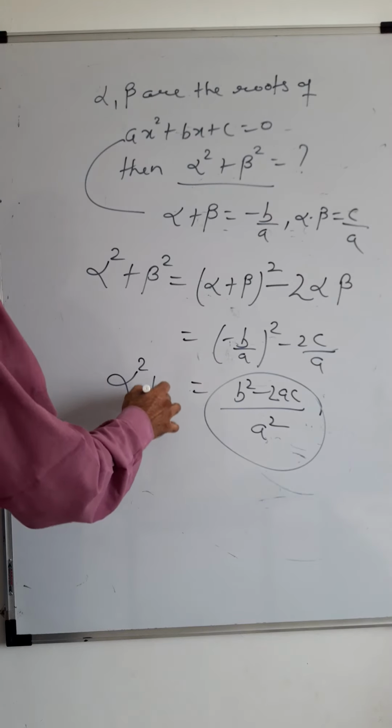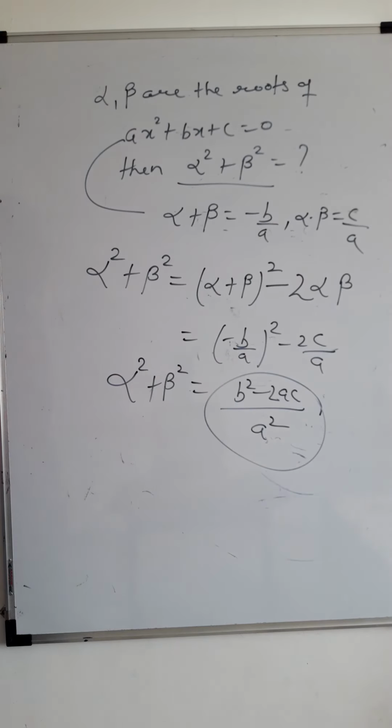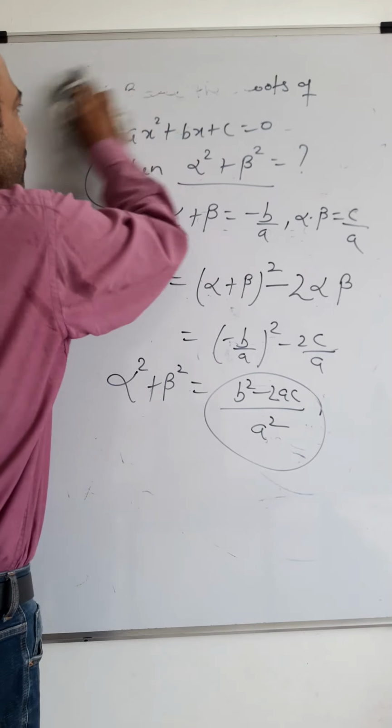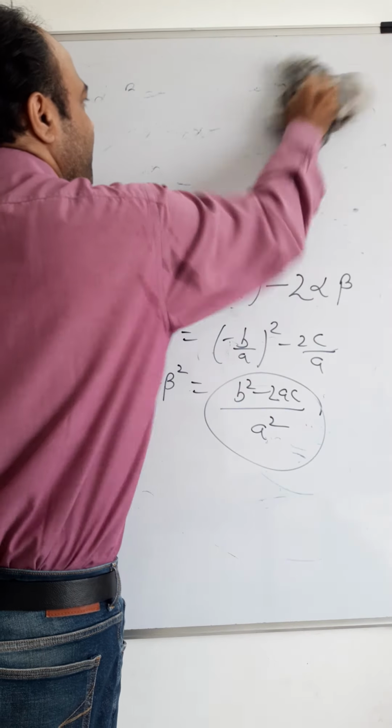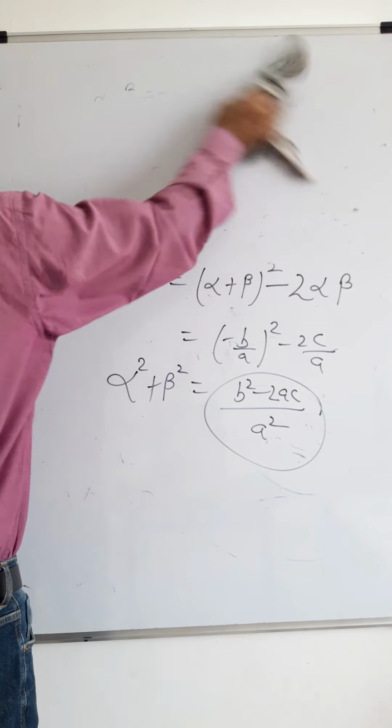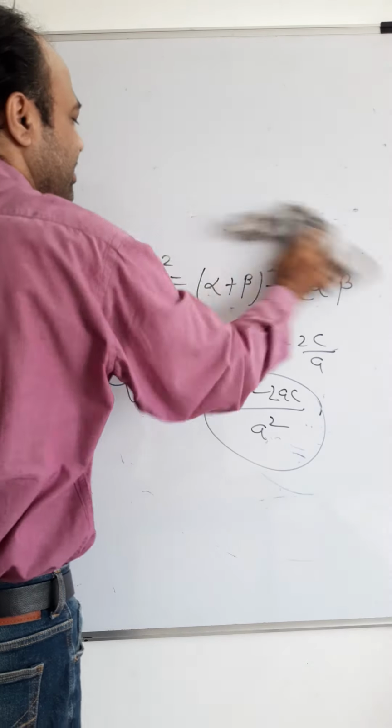So alpha square plus beta square is b square minus 2ac upon a square. So we have used an algebraic identity. If you use algebraic identities, you will get such problems.